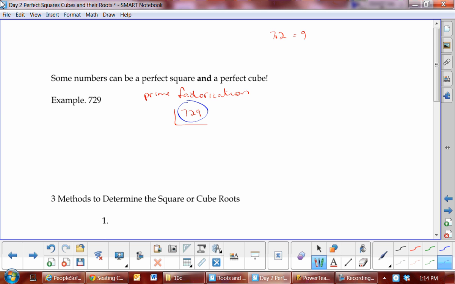So if the last two numbers are 16, 28, 32, doesn't matter what the rest are. And 8 has a very similar rule, but it's the last three digits. So 8's not as nice, because not too many people can look at a three-digit number and know if it's divisible by 8. Okay?